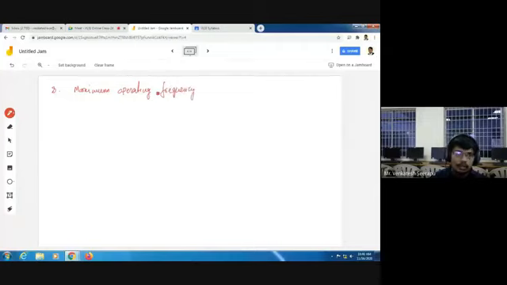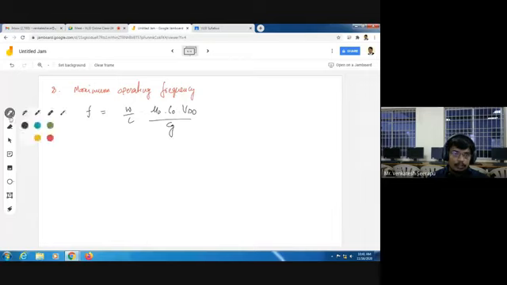The formula for maximum operating frequency F is W by L into mu naught C naught VDD by CG. Now, all of you calculate the scaling factor for maximum operating frequency. Anyone of you, tell the final value of the maximum operating frequency scaling factor.